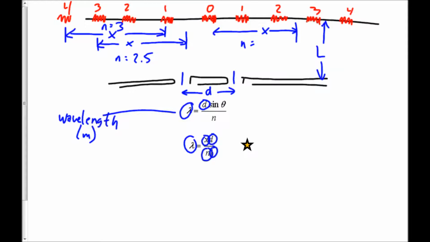What's N equal to over here? 0 to the third order minimum, N would be equal to 2.5. 2.5 minus 0 is 2.5. So X can be whatever you want, but N has to be consistent with X. Does that make sense? That's why we labeled all these 1, 2, 3, 4, 5, or 0.5, 1.5, 2.5, 3.5, so we could start subtracting the maximums and minimums here. 4 minus 1, 3 minus 0.5, 2.5 minus 0, and so on.